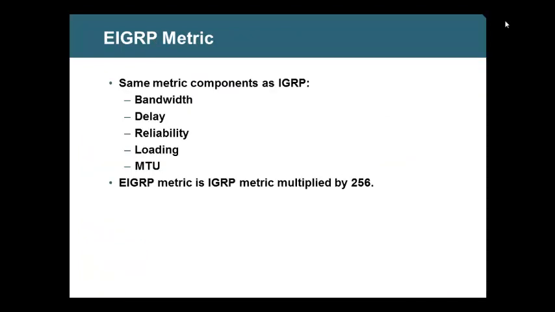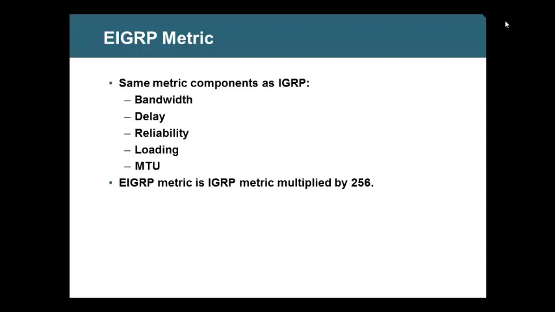Now I also showed you the metrics that are shared along with the hello packets. Not in the update packet. In the update packet, the metric for the destination is shared, but in the hello packets you saw the metric components, the K values.